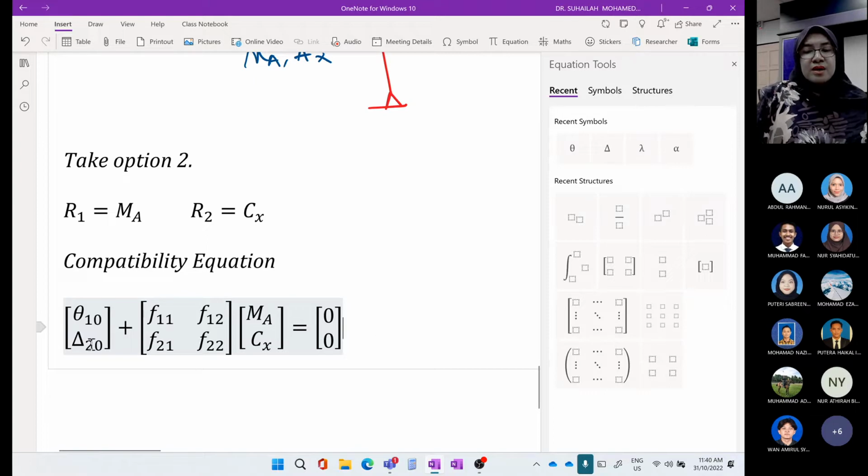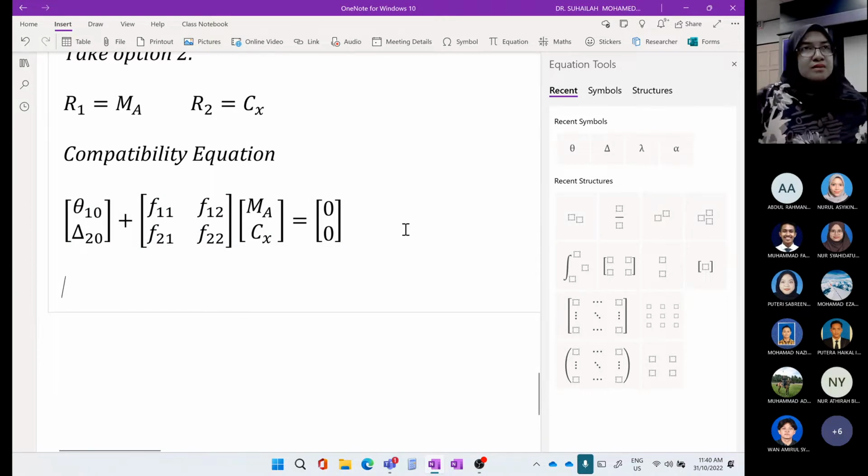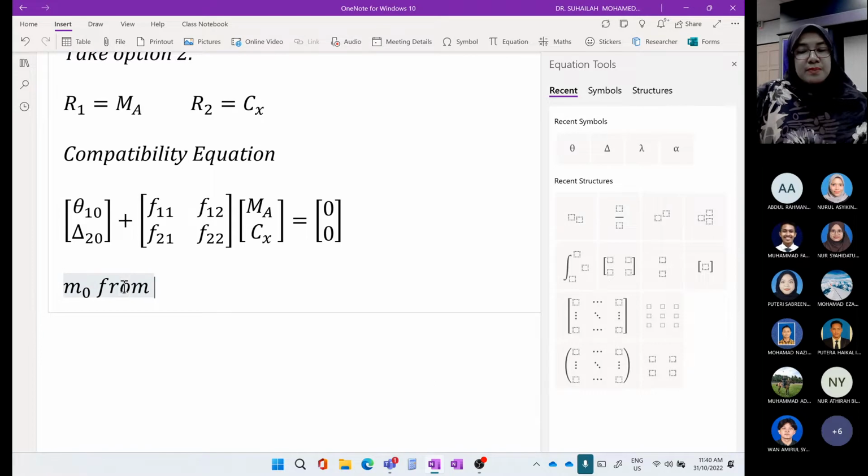So from this we know that ada 3 label dalam ni, 0, 1 and 2. It means that we will have to calculate moment equation from 3 system. Okay, we must have M naught from primary frame.